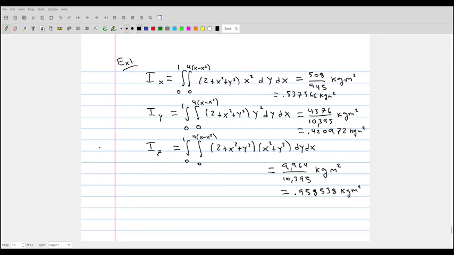So this says that if you try to rotate this shape about the y-axis, you'll get the least resistance to rotation. You'll get slightly more resistance if you try to rotate it around the x-axis, and you'll get the most resistance to rotation if you try to rotate it around the z-axis.